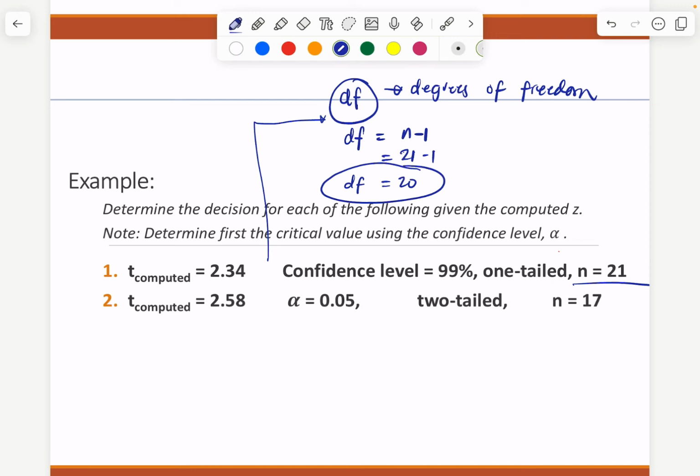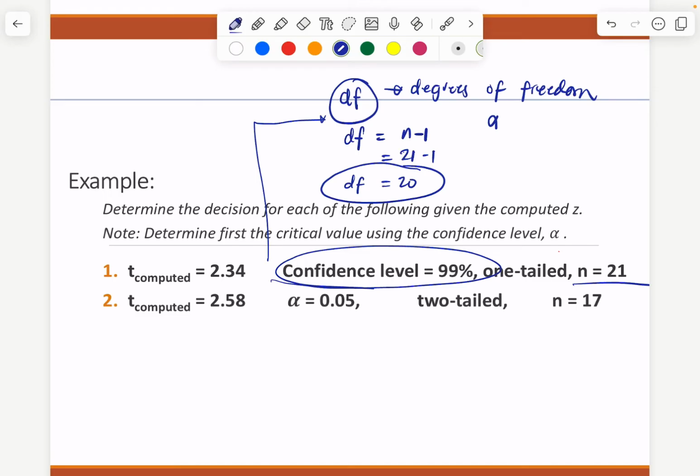Now that we have DF, what else do you need? You will also need your alpha. So what is your alpha here? We have a 99% confidence level. What is your alpha? That's your level of significance. What is that? That is your probability of committing type 1 error.